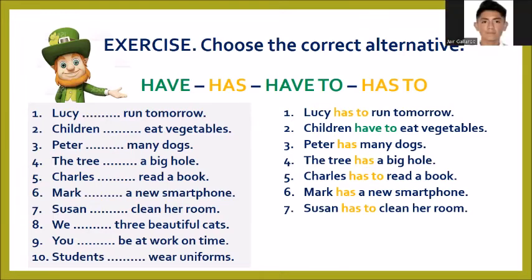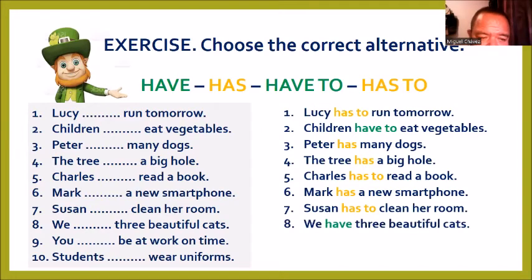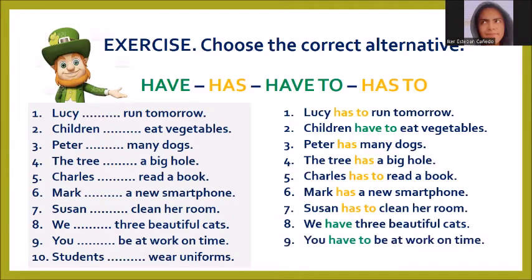We have 3 beautiful cats. Yes, excellent. Thanks a lot. Number 9. You have to be at work on time. Yes, good. Thanks. Okay, the last one. Students has to wear uniforms.